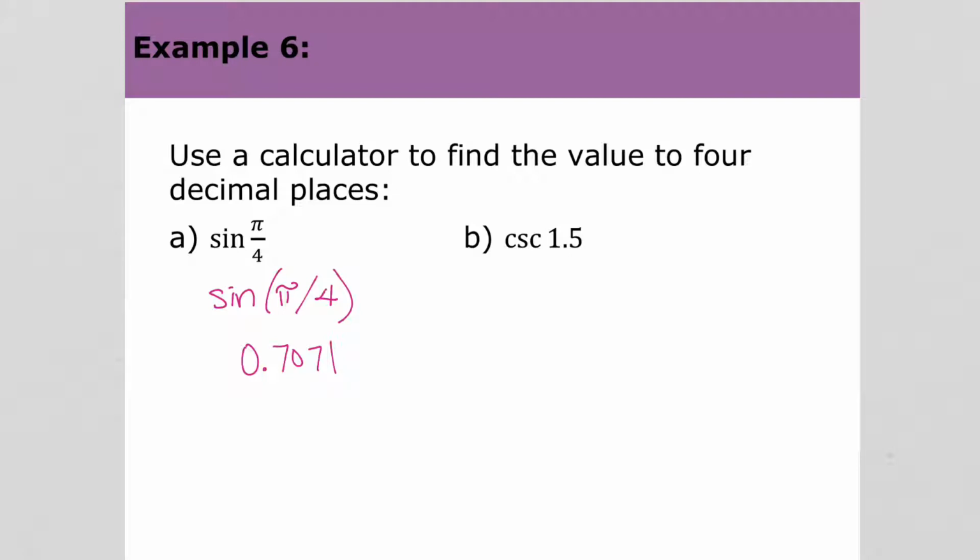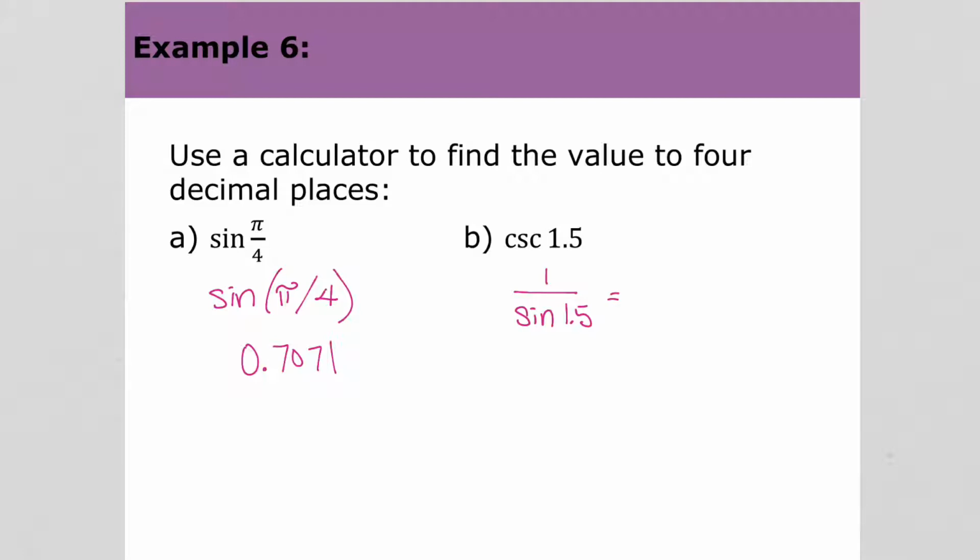And then for cosecant, it is the same as 1 over sine. So cosecant of 1.5 is the same as 1 over the sine of 1.5.